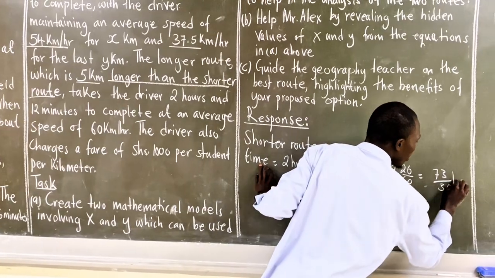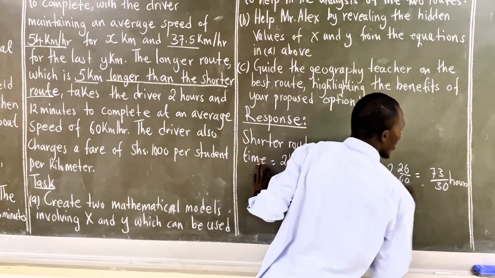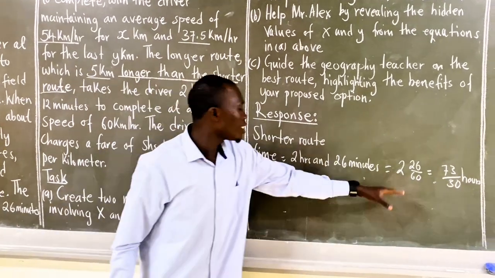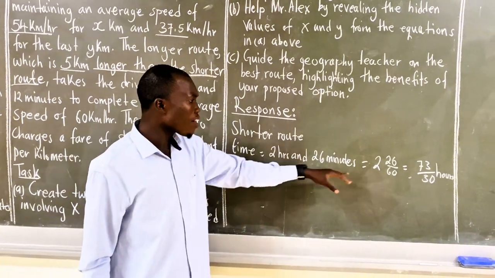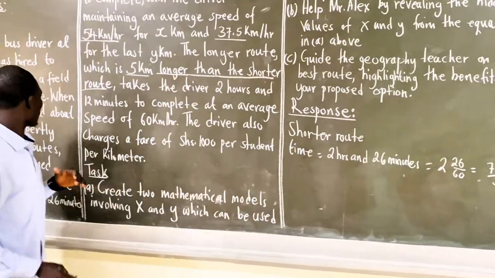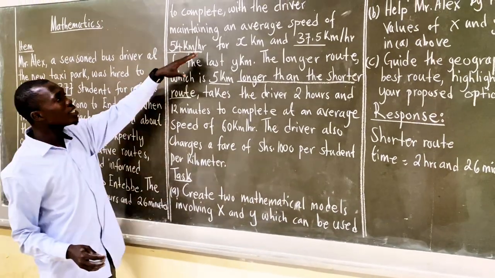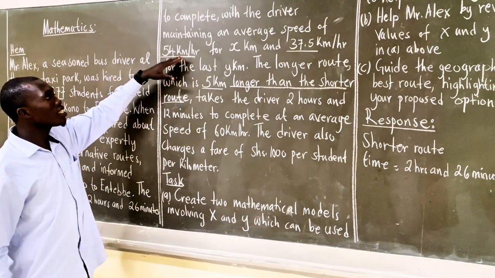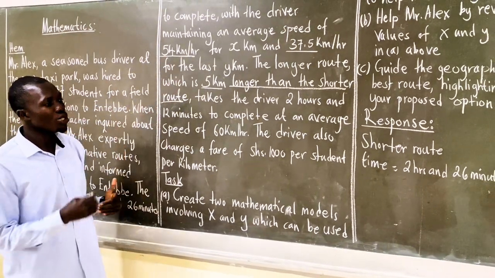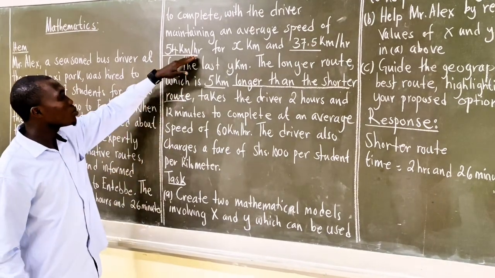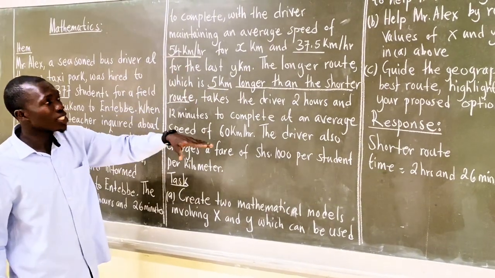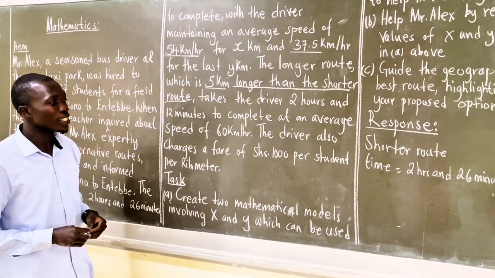So the whole of this would now be hours. The reason we are changing the minutes to hours is that our speed is in kilometers per hour, so we need to unify the units for time and speed to be the same.